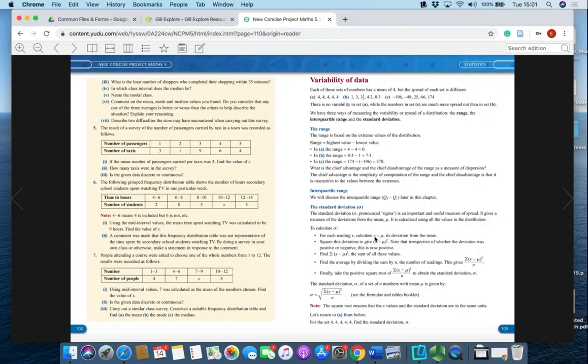We then sum them, adding up how far each value is from the mean, and then we find the average. In other words, we divide by n, the number of numbers. Then because we squared it, we need to square root it again to get back to a meaningful value: the average deviation from the mean of all that data.